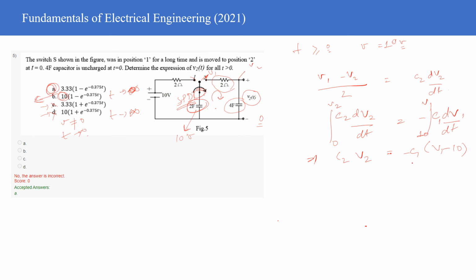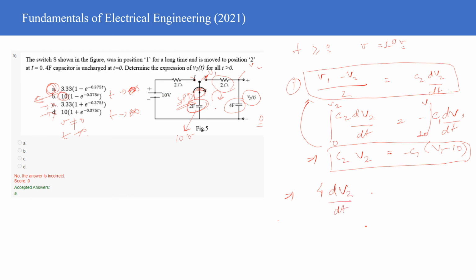Now you can substitute this equation in the first one, and then equation number 1 will become a differential equation in a single variable, which is solvable. So you are left with minus (3 V2 plus 10) divided by 2, right?